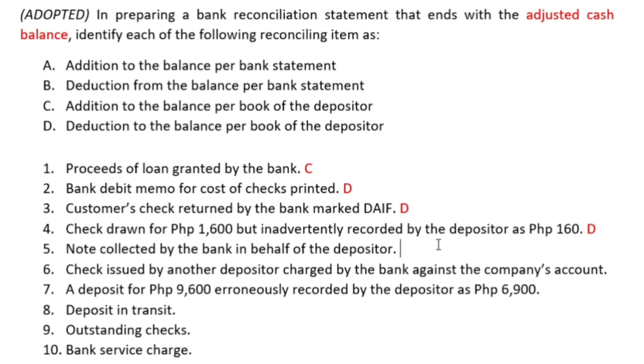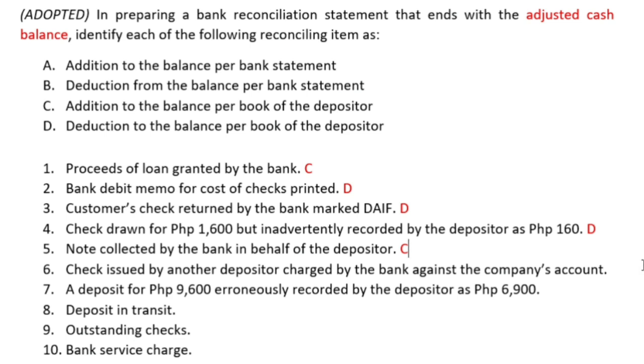Normal naman kasi siya ngayon through issuance of checks. So dito, nadagdagan yung bank account mo without you knowing it yet until such time na kumuha ka na ng bank statement para makita yung balanse mo, saka mo lang napansin, may pumasok na note o collected by the bank in behalf of the depositor. So for number 5, that is an addition. Okay, addition to the balance per book of the depositor. That is number 5, letter C.